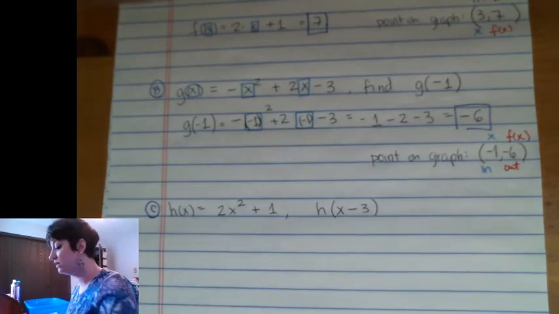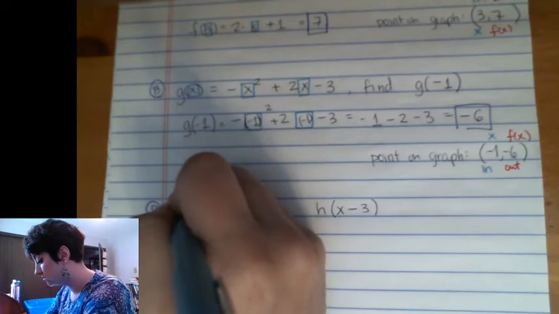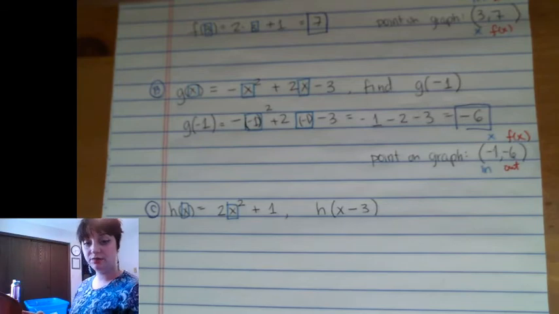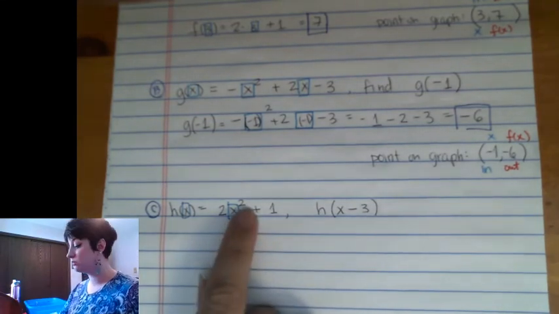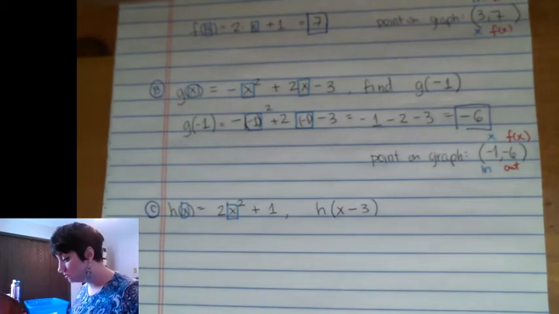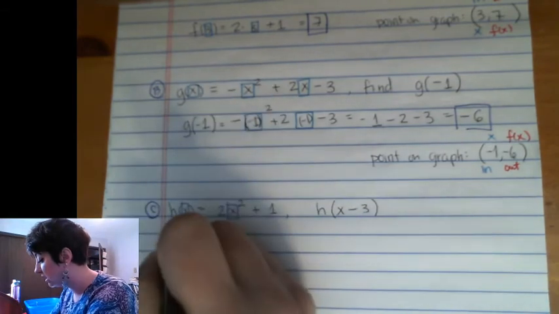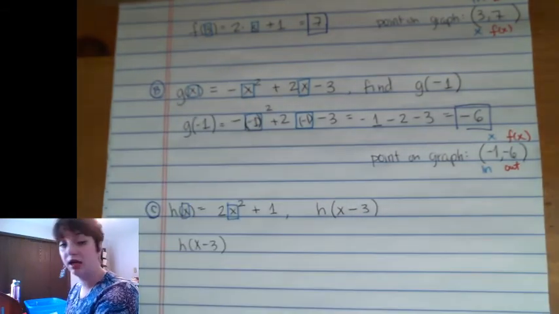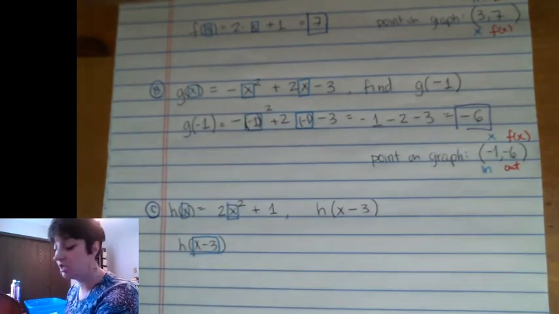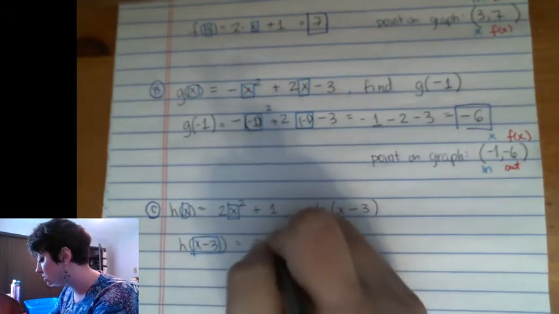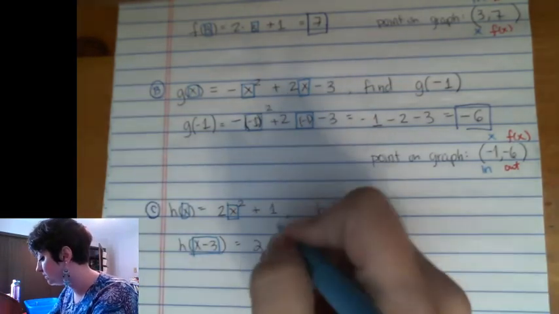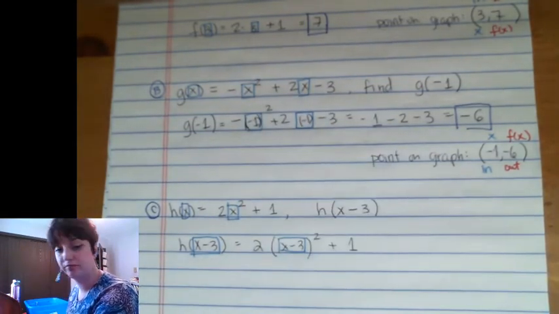Okay, this is not any different. h is the function that takes an input, squares it, multiplies by 2, and adds 1. That's what h does. So here, what am I plugging in? I'm plugging in the whole thing, x minus 3. That's the whole thing I'm plugging in. So this is 2 times x minus 3 squared plus 1. The whole thing.